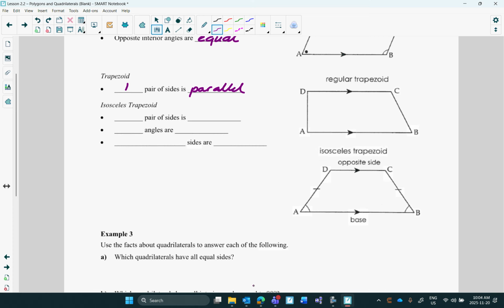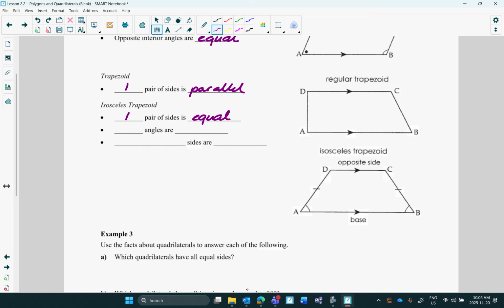But there is a special type of trapezoid where one pair of sides is parallel, but the other two sides are the same. Okay, and in that case, we call it an isosceles trapezoid because one pair of sides is equal. You can see down here. It's very similar to an isosceles triangle.